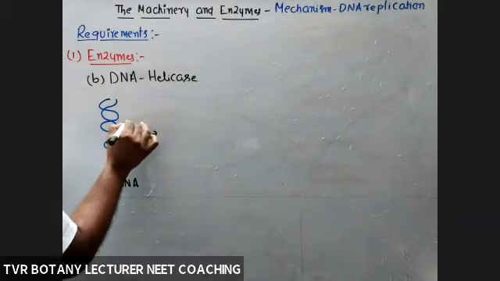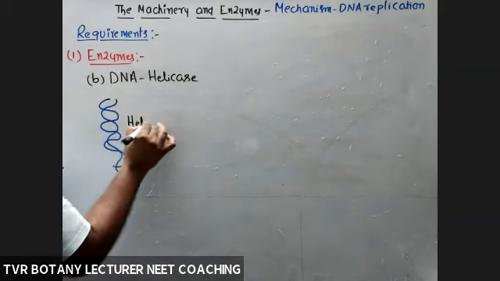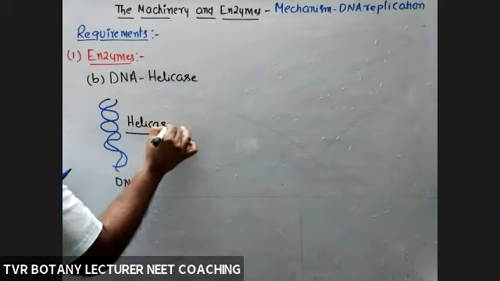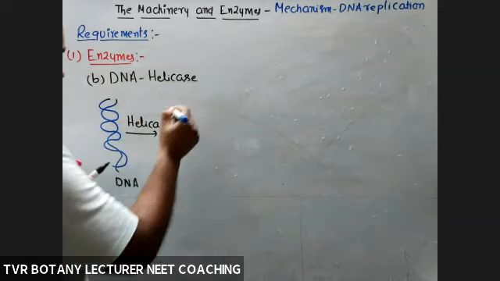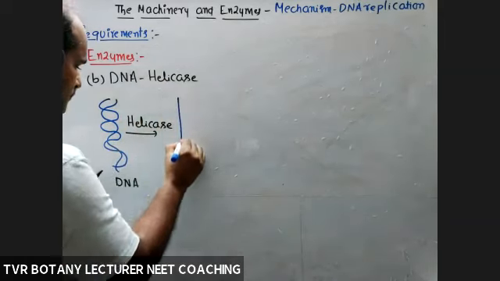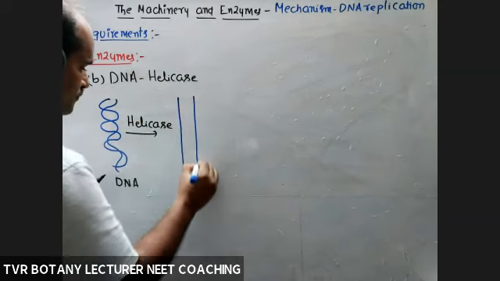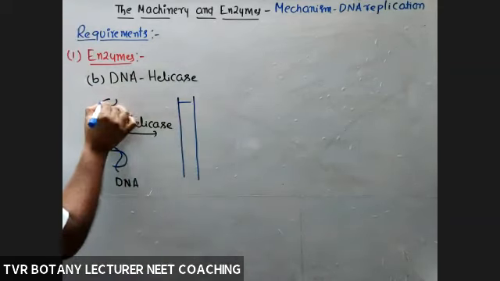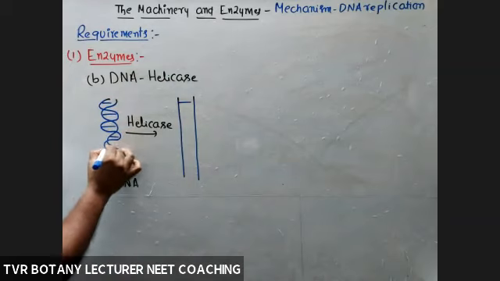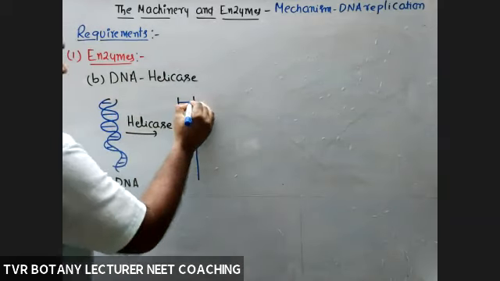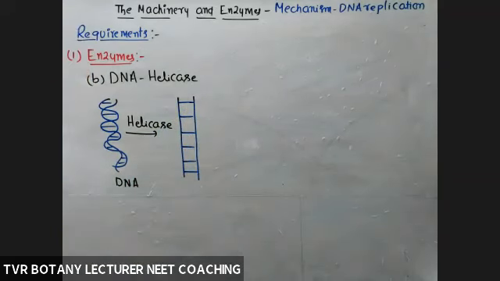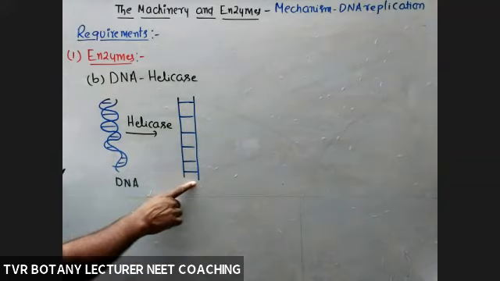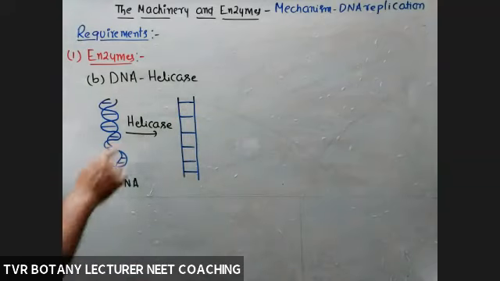Okay, so helicase enzyme. See the difference. Base pairing, already existing pairs. This is a twisted ladder. This is a ladder. What happened here?